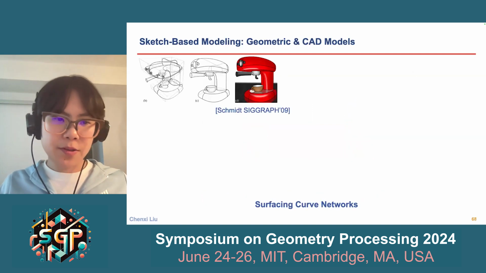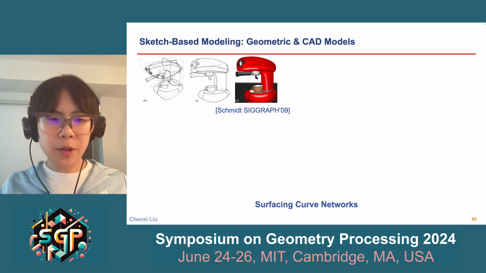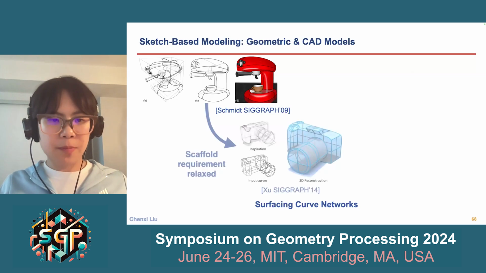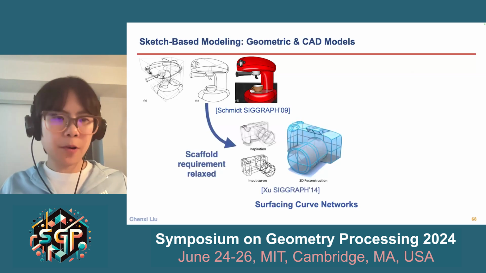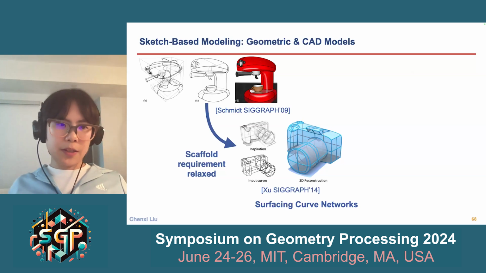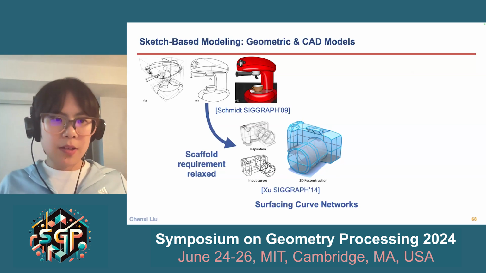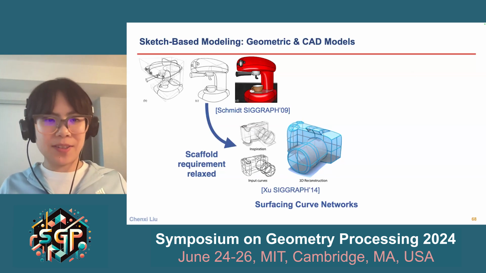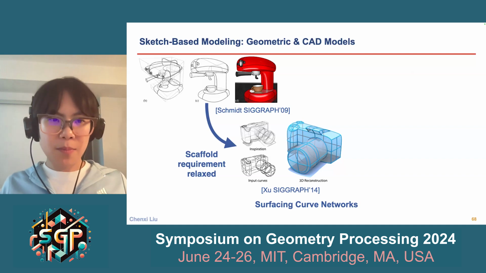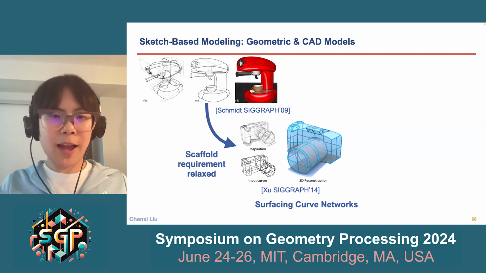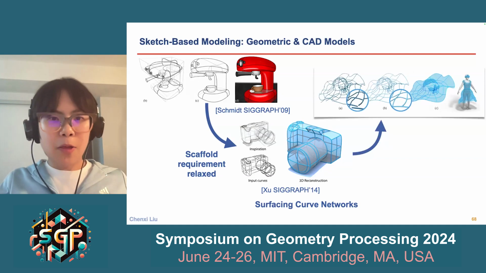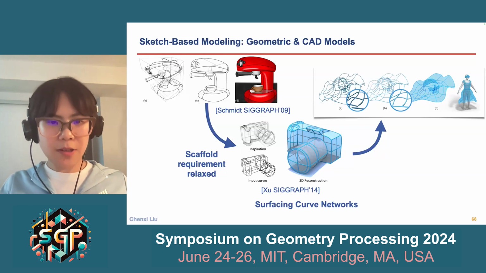For methods targeting geometric and CAD models, there are some papers about surfacing curve networks. From the beginning, people used scaffolds as cues, but later on that was relaxed. Along this line, they inspired later works for VR drawing, such as Chenxi.